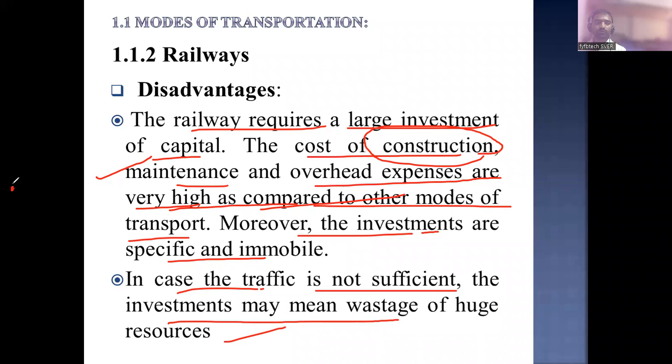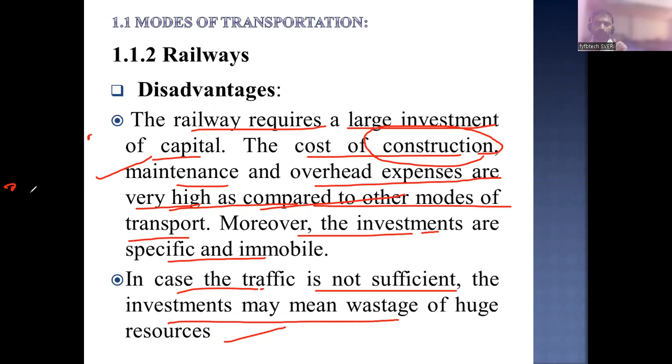What he is saying is, if there is no heavy, large traffic, the investment may mean wastage of huge resources. From one point to another point, if there is heavy traffic, then only you should prefer the railways. If there is no movement of passengers or goods, and you provide the railway track, then that is a wastage of your resources, correct?